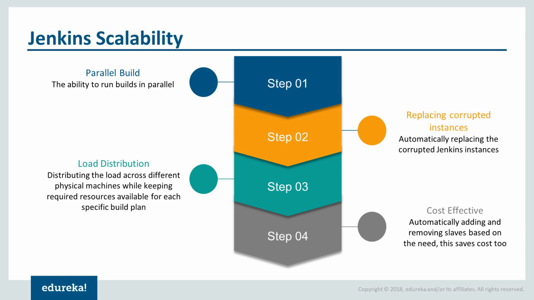Now, one thing which is not mentioned here, which is also very important, is that you can have different slave configurations based on your requirement. So for example, at the same Jenkins master, you can have configurations for .NET based projects. You can have configuration for, let's say, Java and Maven. You can have a Java plus Ant based combination. For all of these, as you would be aware, you need to have different configuration on the slaves.